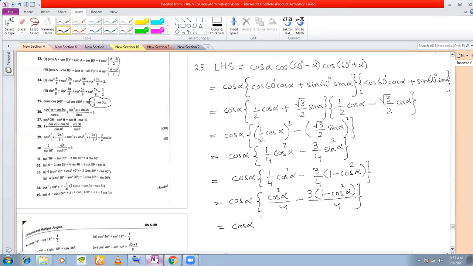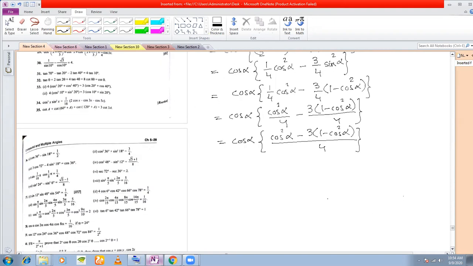Take the LCM. Cos square alpha minus 3 into (1 minus cos square alpha), whole divided by 4. So this is cos alpha into (cos square alpha minus 3 plus 3 cos square alpha) divided by 4.